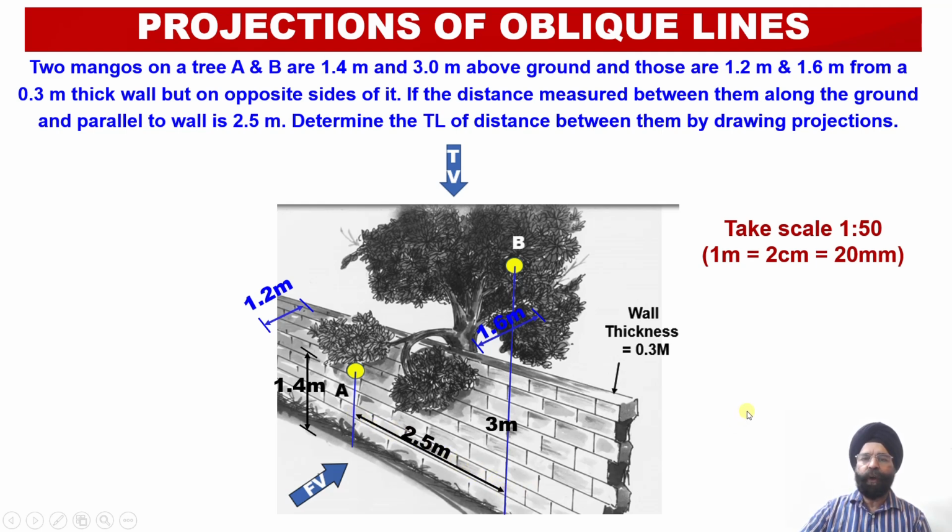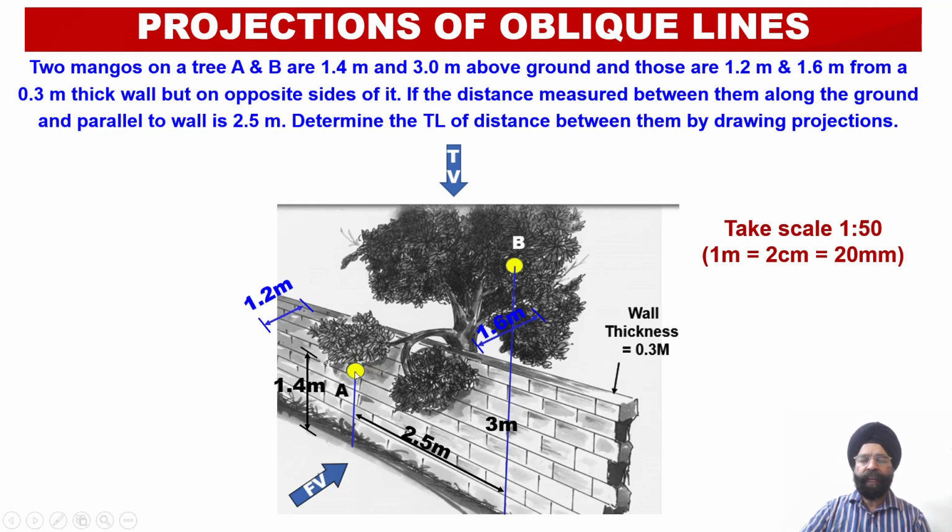With this information, first of all, we are going to convert this real life situation into the orthographic projections of the oblique line, and we will obtain the front view projection between these two points, that is A dash B dash.